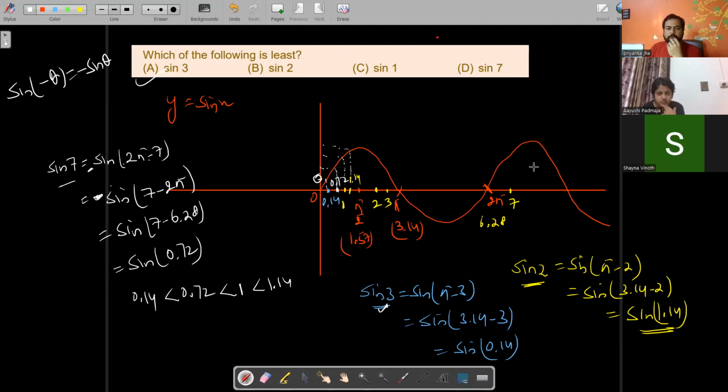Because you know, sine 3 is sine of 3.14 minus 3, which is sine 0.14, and sine 7 is minus sine of 2 pi minus 7, the extra minus will go inside, so 7 minus 2 pi, 6.28, 0.72. Yeah, sine 3 is the correct one.